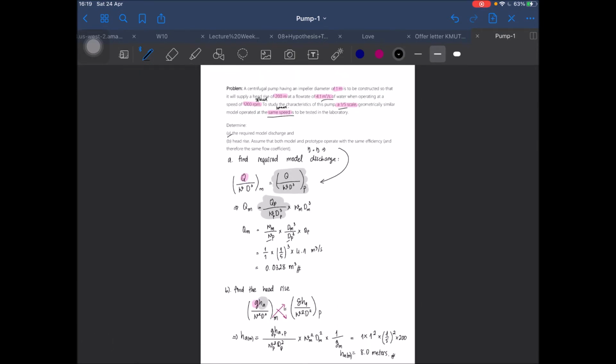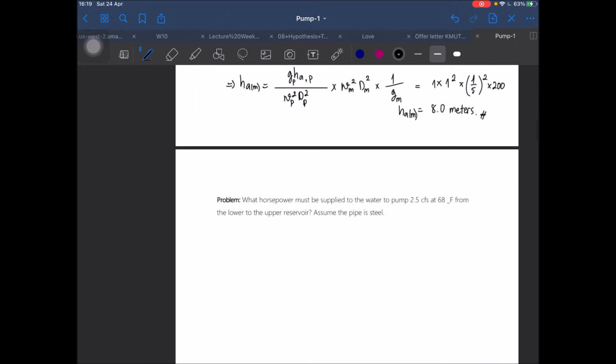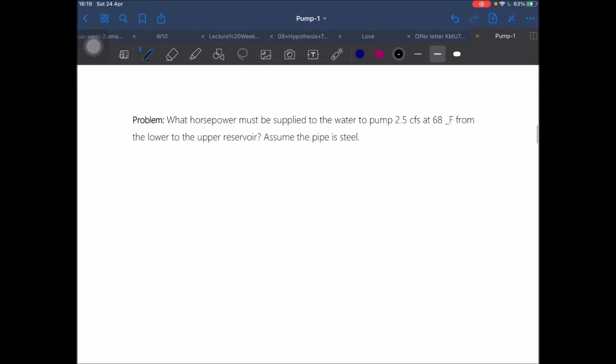Okay, so now we have another problem. It is related to the horsepower, and again it is related to the CFS, cubic feet per second.